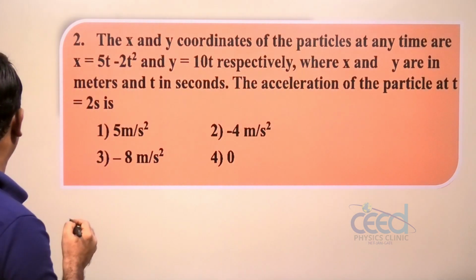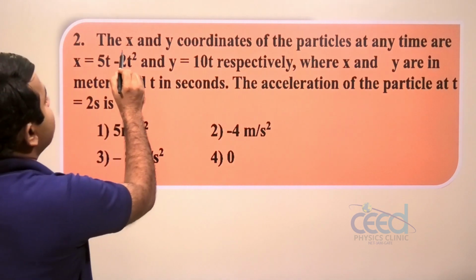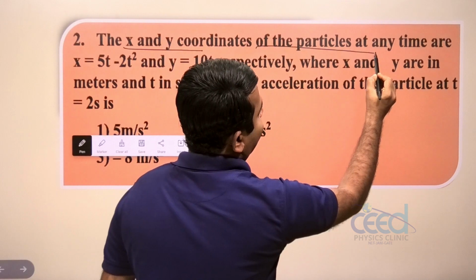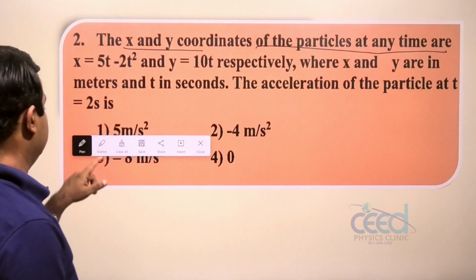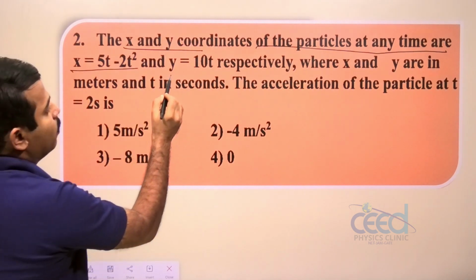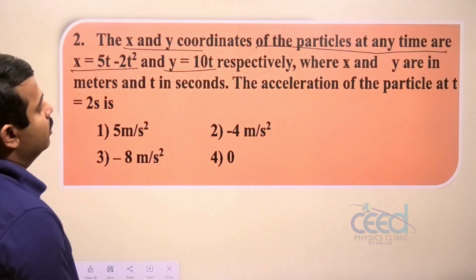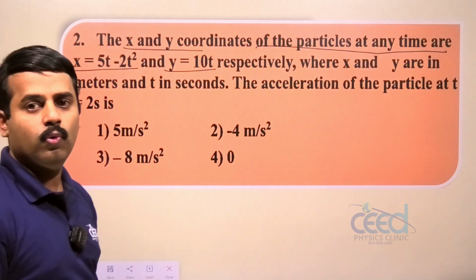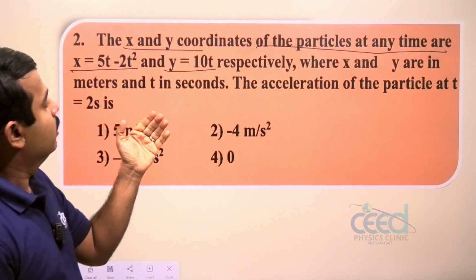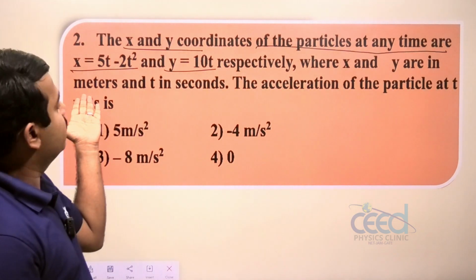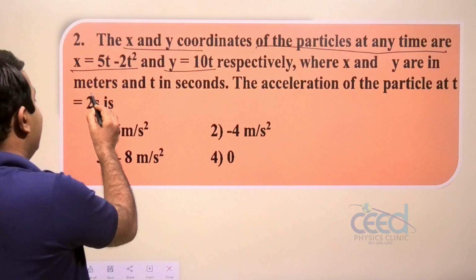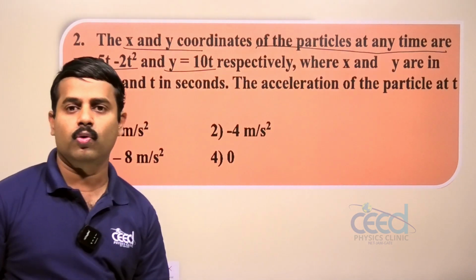The x and y coordinates of the particle at any time are given by y equal to 10t and x equal to 5t minus 2t square, where x and y are in meters and t is in seconds. We want to find the acceleration of the particle at t equal to 2 seconds.